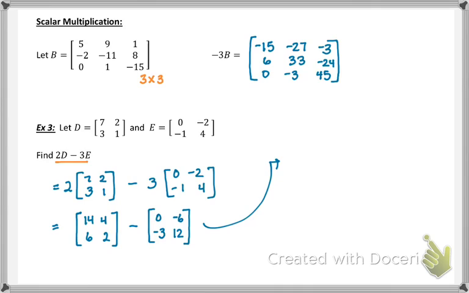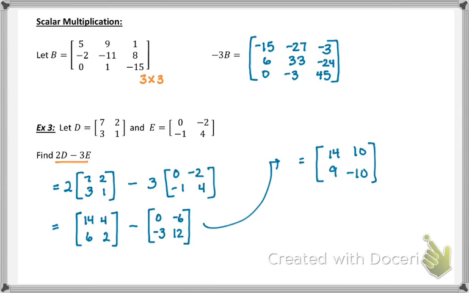So that's going to be 14, 10, 14 minus 0 is 14, 4 minus negative 6 is 10, 6 minus negative 3 is 6 plus 3, which is 9, and 2 minus 12 is negative 10.